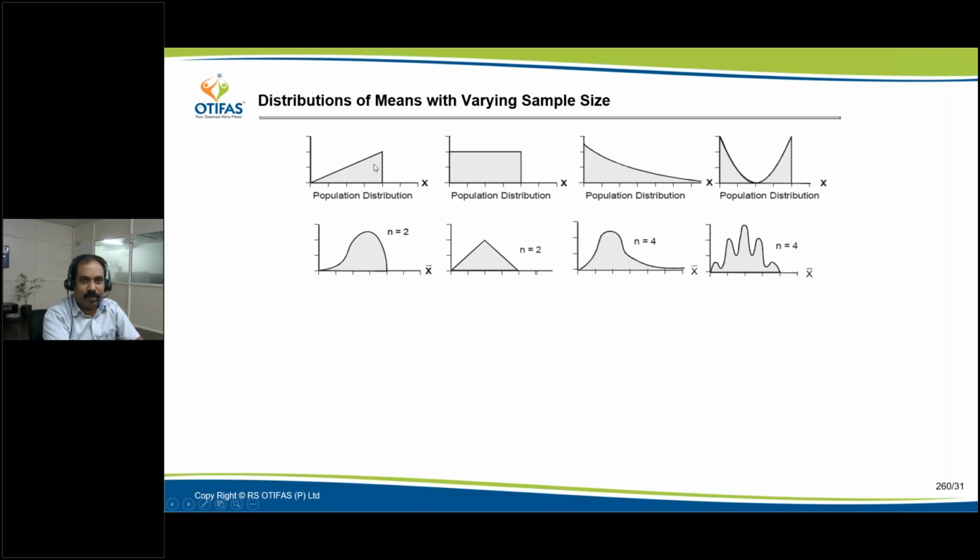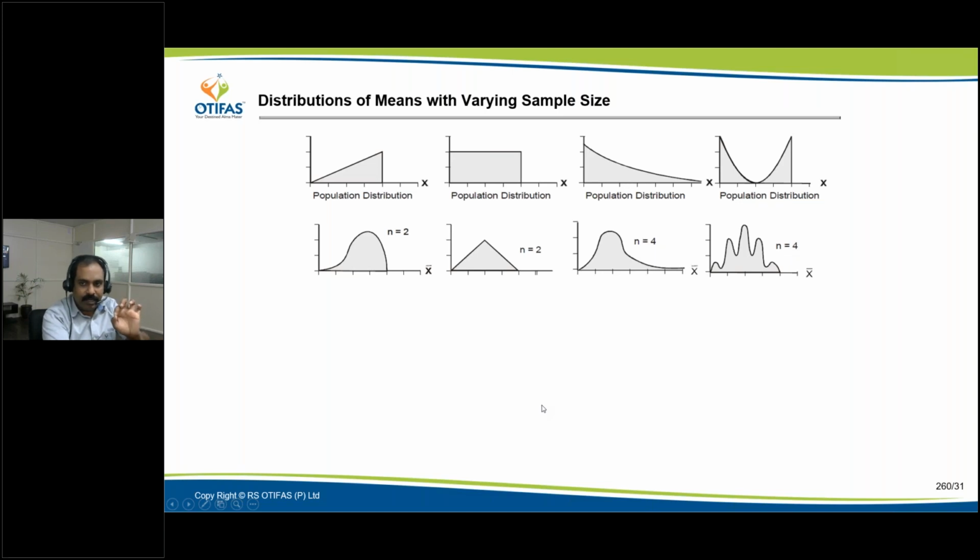So if you have a population distribution like this, like this, or like this, now I have taken two samples from this, and if I plot the distribution with the two samples, it looks something like this. If I take four samples from this, I get a distribution graph like this.